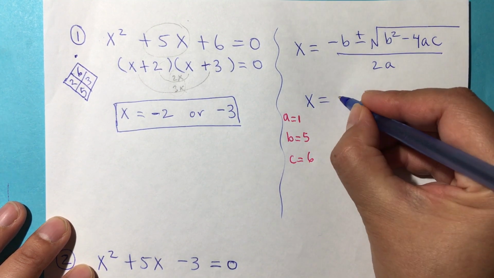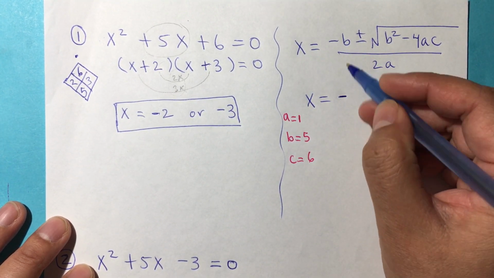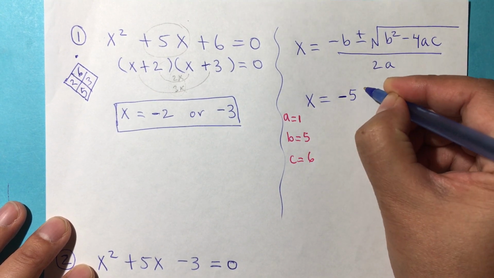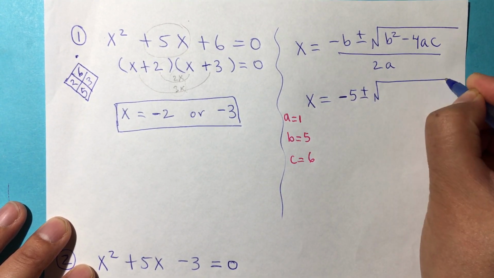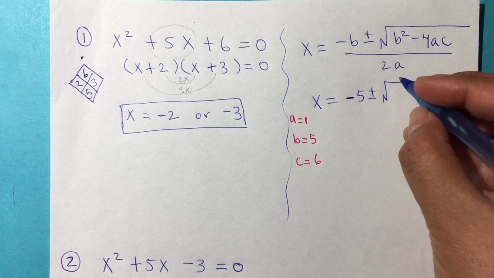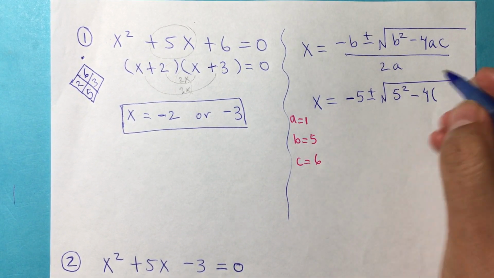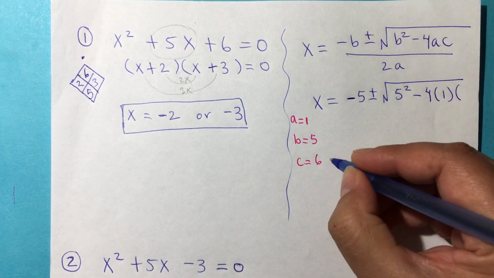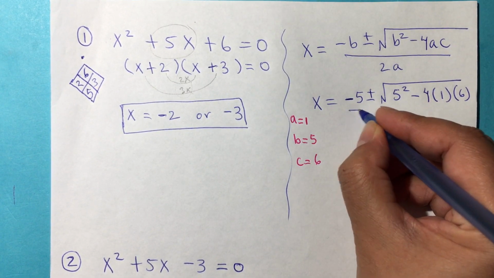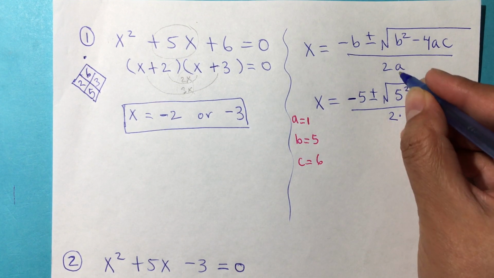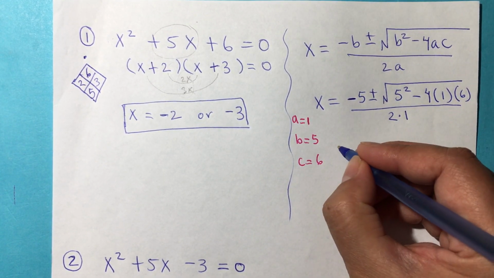So negative b, which is negative 5, plus minus the square root of b squared, 5 squared, minus 4 times a, which is 1, times c, which is 6, divided by 2 times a, which is 1.